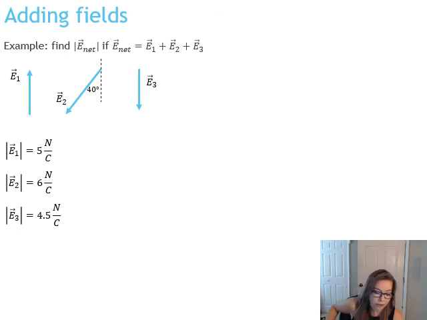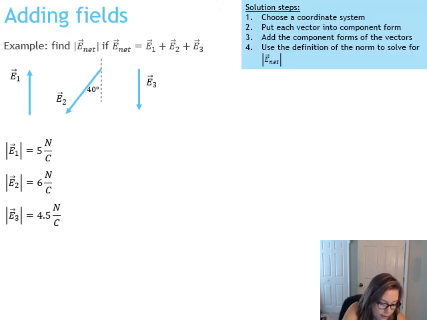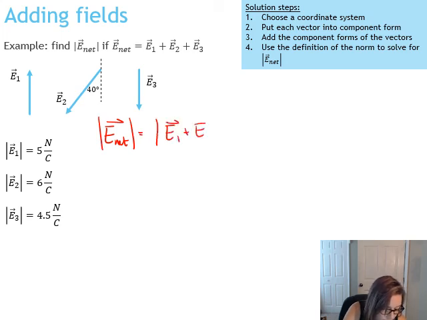So the magnitude of E-net would actually be the magnitude of that vector sum. You have to add the vectors first. So it would be the magnitude of, first you add the vectors, E1 plus E2 plus E3, and then once you have that answer, you find the magnitude of that resulting vector. So do not mess up the order of operations here. It's very important to see why you have to do it in this order.